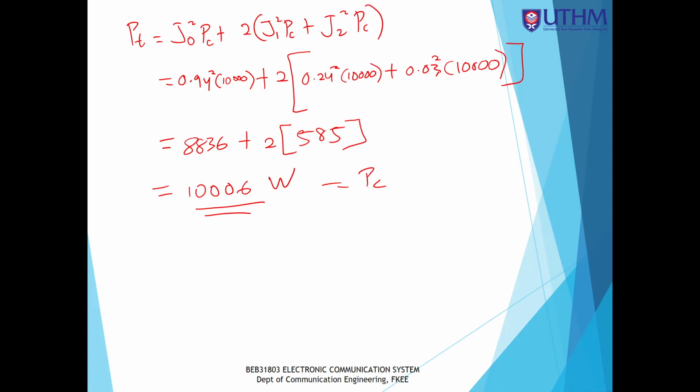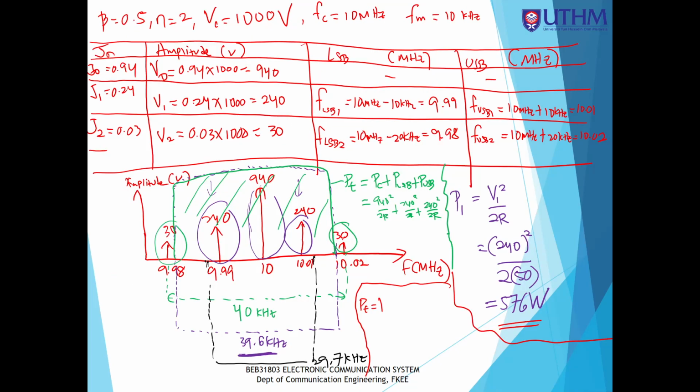There might also be a question asking how much is the total information power. Total information power means the total sideband power, because information is contained within the sidebands.